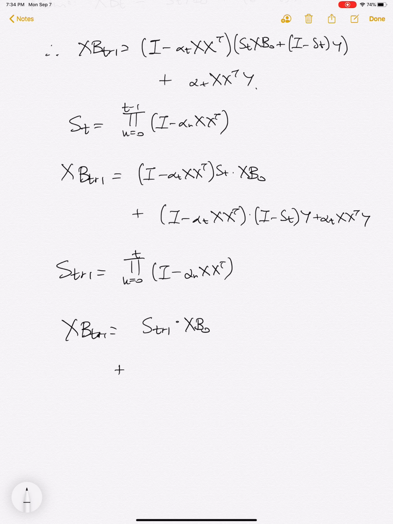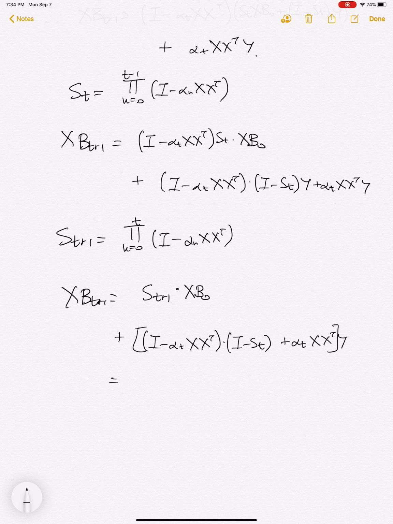So we can see that this is going to give us some I minus S_{t+1}, because this term gets multiplied through here.